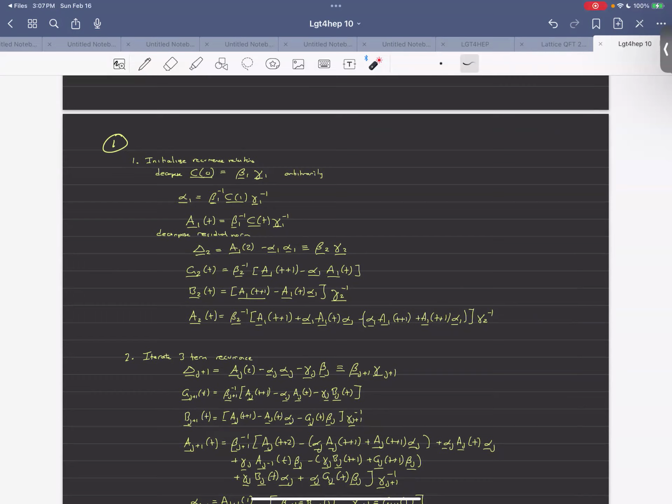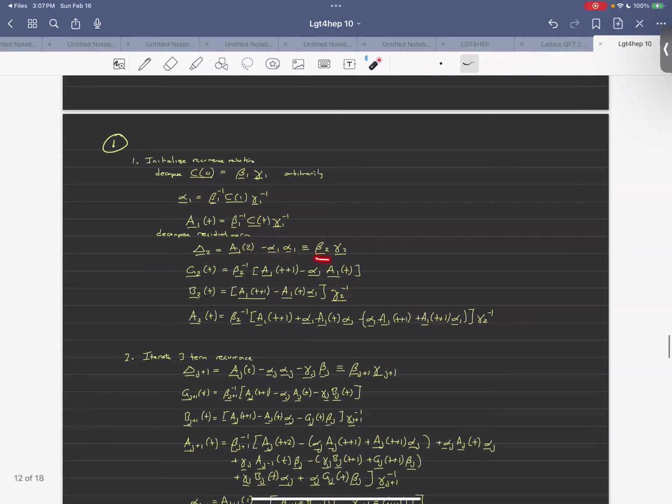The first step is to initialize the recursion relation. We do that starting from C at time 0, and then make use of C at time t to define A. Then we define a residual: at the next time, t equals 2, this is the A1 at t equals 2, minus A1 squared.